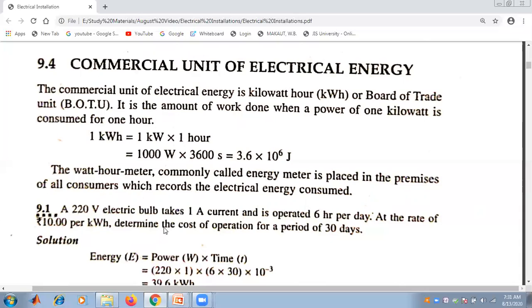The commercial unit of electrical energy is kilowatt hour, denoted by kWh, or board of trade unit, BOTU.